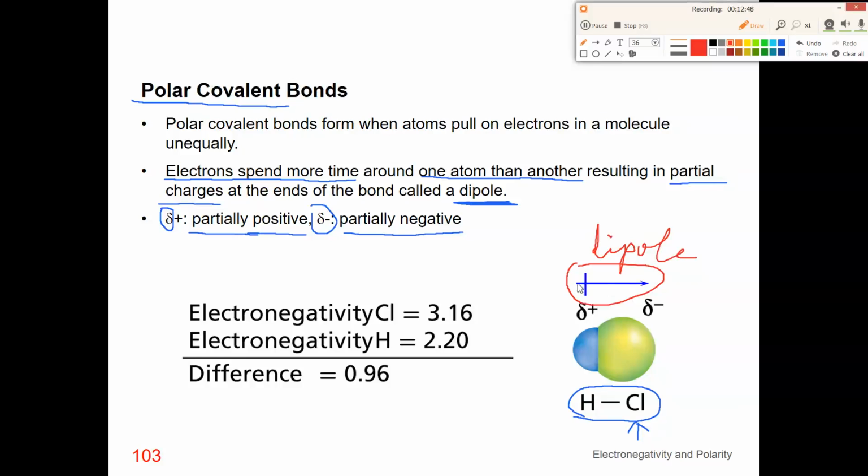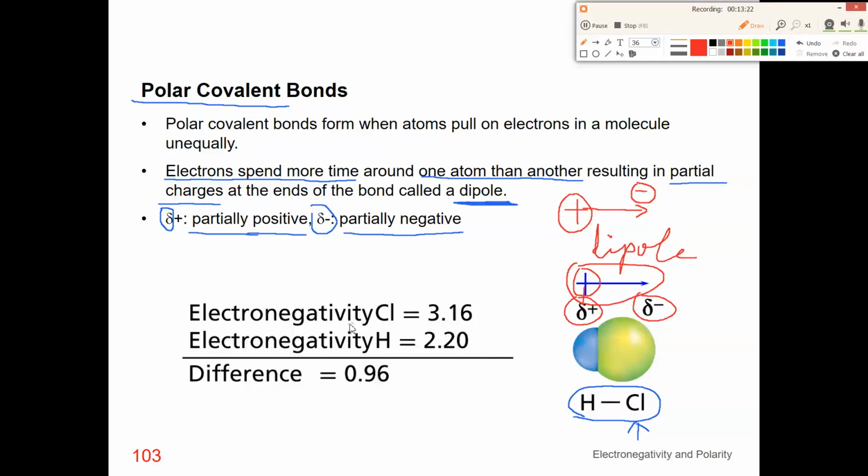The dipole arrow starts at the positive end and goes to the negative end. The tail of the arrow is like a plus sign, and the tip of the arrow is like a negative sign. You can memorize it this way: delta plus to delta minus.